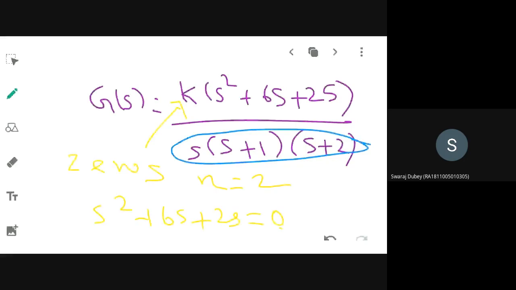In the first question, j is not given. When you are solving the equation s square plus 6s plus 25 in the calculator, it directly gives one answer, that is your real part. You have to check for the imaginary part also in your calculator.